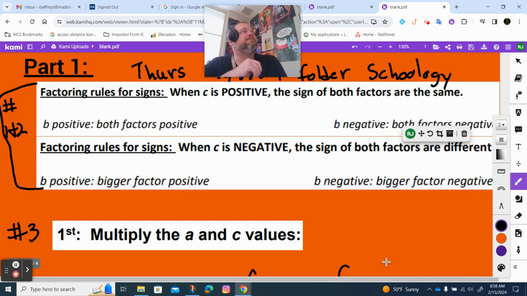Okay. And remember, if you miss something on the notes in class, the completed notes and this orange sheet will be on Schoology later so you can check it out.